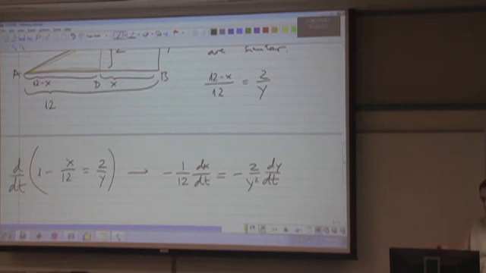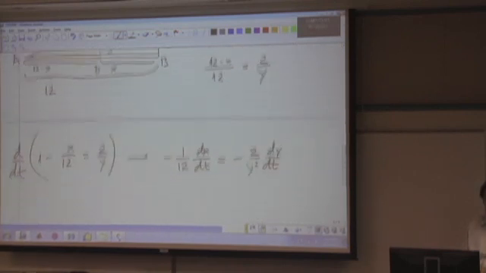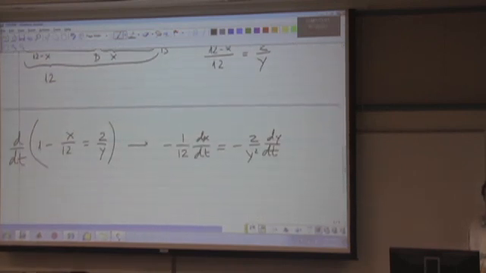Remember, this is one of those derivatives that I said I'm not going to spend time on, because the derivative of 1 over x is minus 1 over x squared. Right? Remember that? Okay? So now all we have to do is figure out stuff.